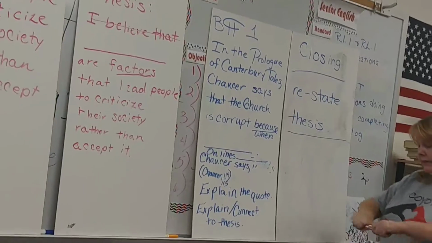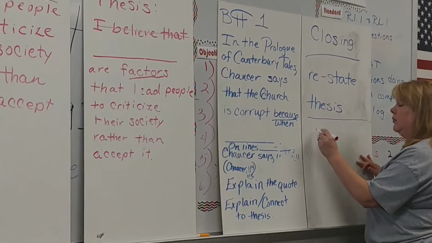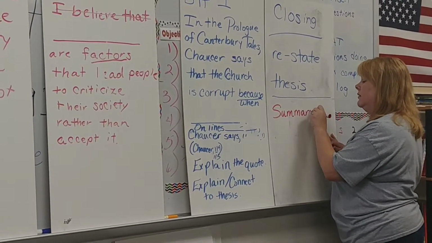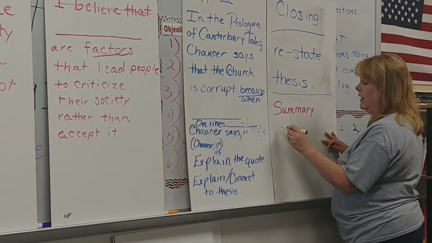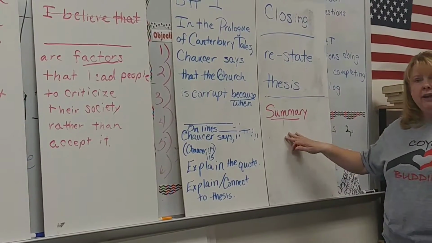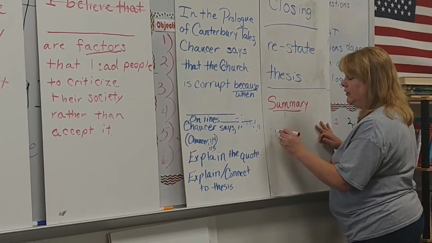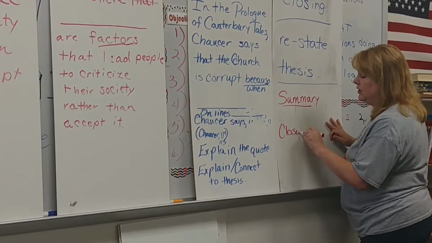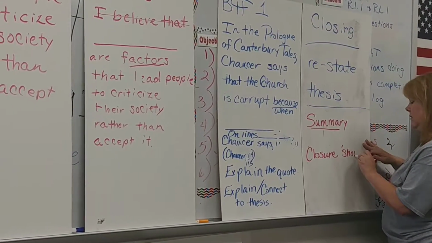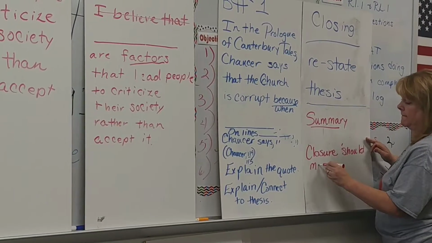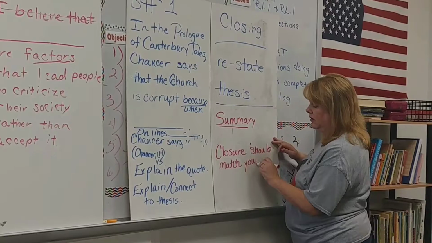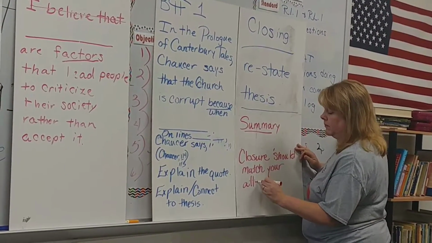After you restate your thesis, you're going to finish it up with a summary, and then just short little points that you're trying to make, and then you can finally go back to your closure, which should match your attention grabber.